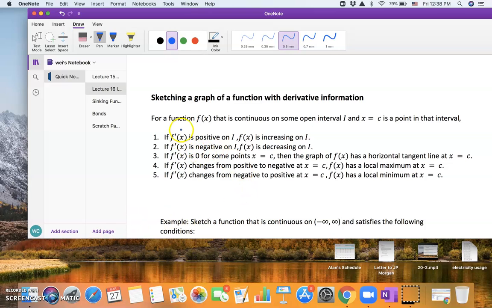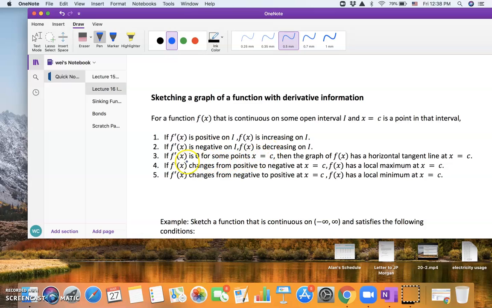If we have a function that is continuous on some open interval I, and the point x equals c is on that interval, then if the derivative is positive, the function is increasing. If the derivative is negative, the function is decreasing.